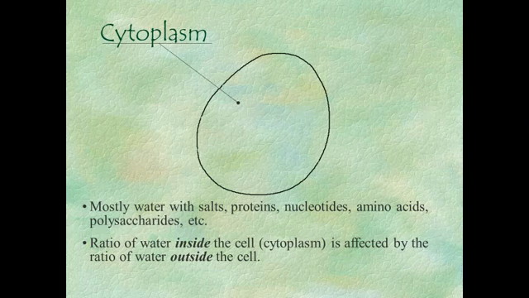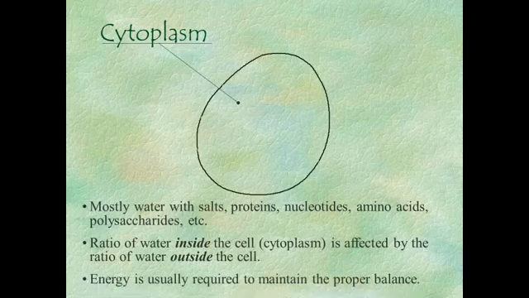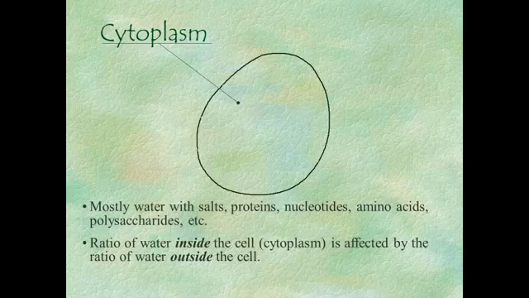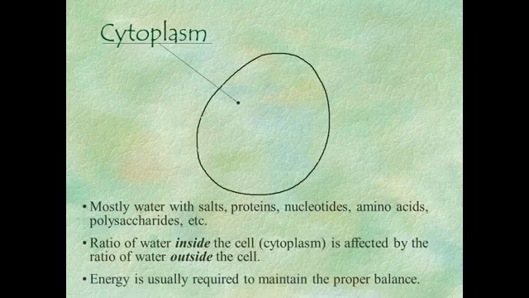But we need to have a certain amount of water in there, and the cell, by spending energy, can maintain that correct water balance. And again, next week we'll be seeing some details about how that works. Okay, so our cytoplasm is a watery substance.